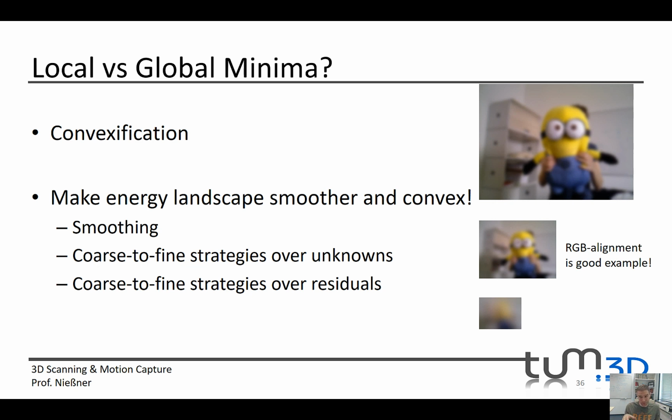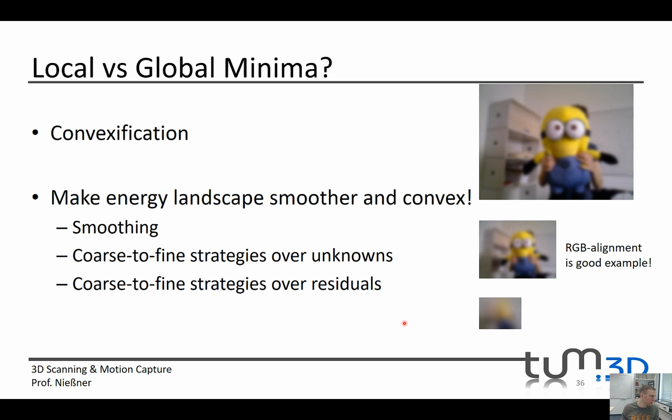Basically, hierarchical optimization, it's not only faster, but it also helps you to get better optima. So convexification here means you can go ahead, for instance, and blur the images and reduce the resolution of the images. That's smoothing it. You can do coarse-to-fine over the unknowns, but you can also do coarse-to-fine over the residuals. So downsampling the images is coarse-to-fine over residuals.